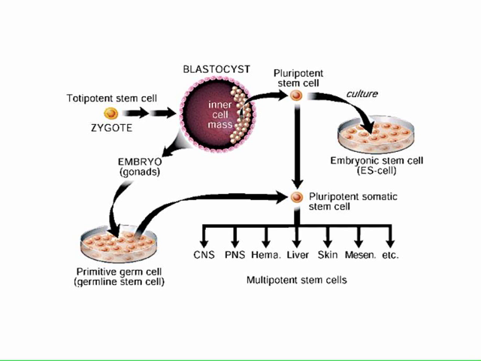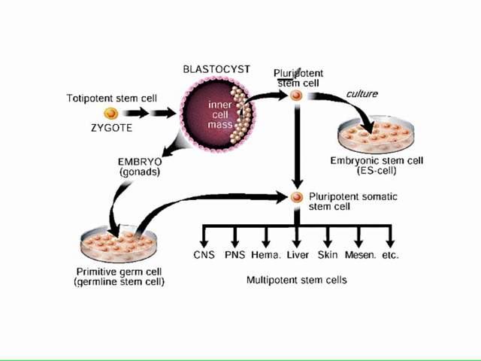This just goes over different levels of differentiation. In the zygote, we have the single cell, which eventually forms the blastocyst, and inside the blastocyst are stem cells. The stem cells are pluripotent.